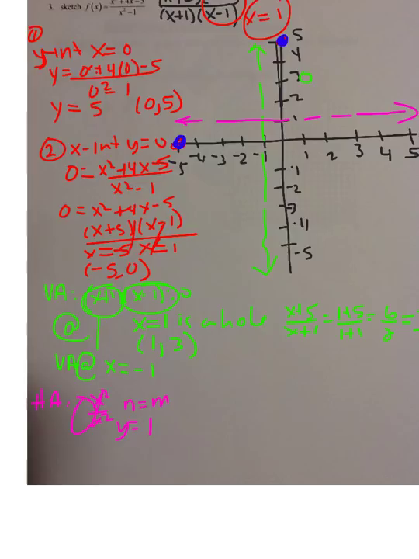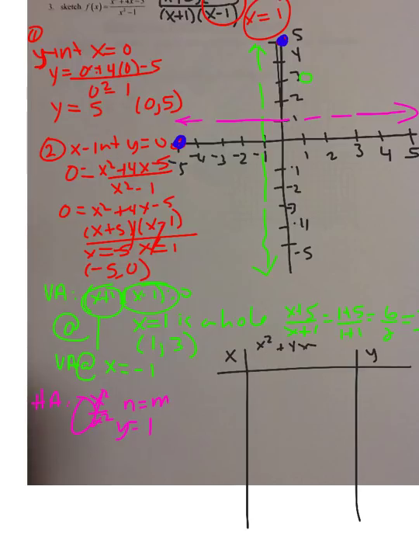All right, so we have our x column, and the function x squared plus 4x minus 5 over x squared minus 1. I'm going to go from negative 4, negative 3, negative 2.